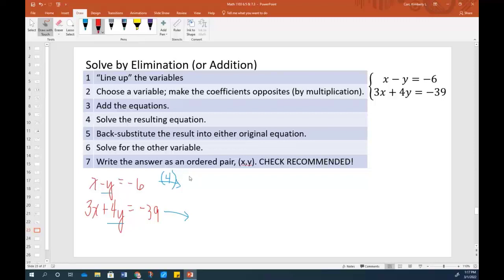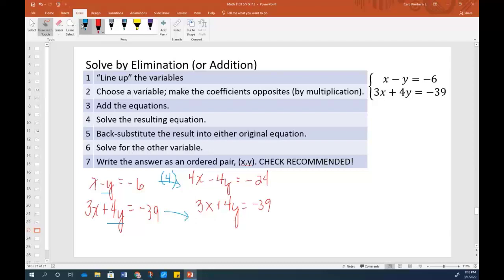I'm going to multiply the whole thing by 4. So I end up with 4x minus 4y equals negative 24. I'll take this equation and copy it over because I don't need to multiply it by anything, so it's just an arrow. 3x plus 4y equals negative 39.